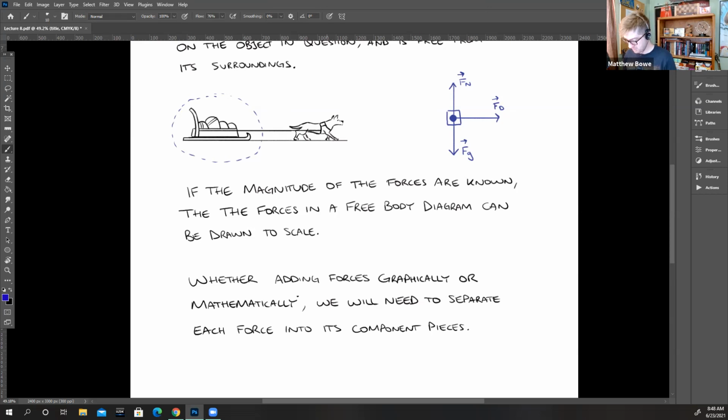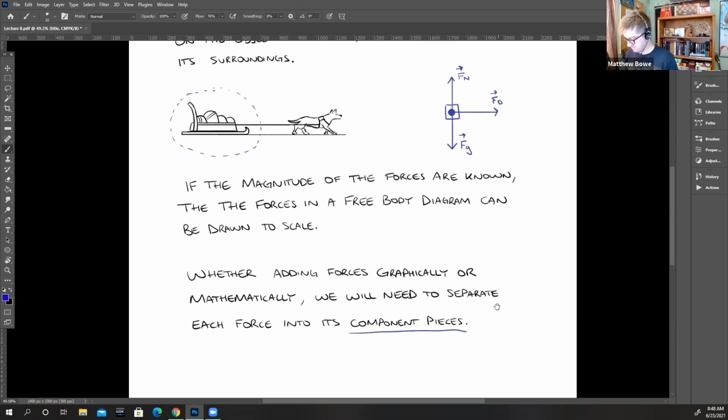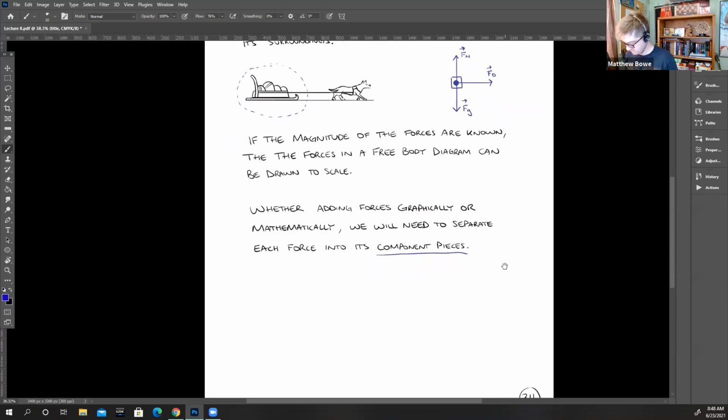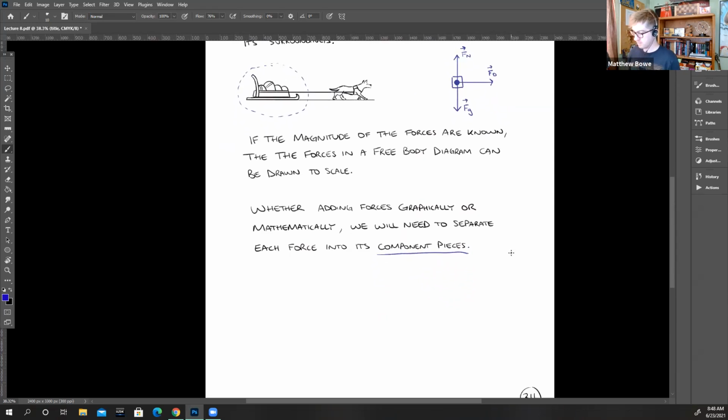So in order to do that, we need to split them up into their component pieces. Let's try to keep it in frame like that. Okay, so let's split this problem up into its component pieces.